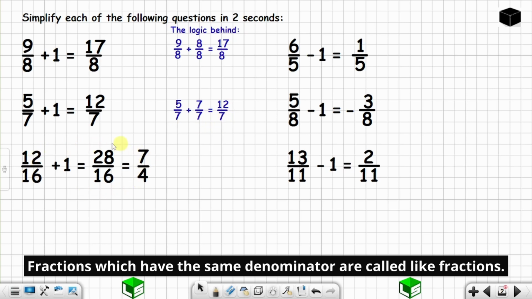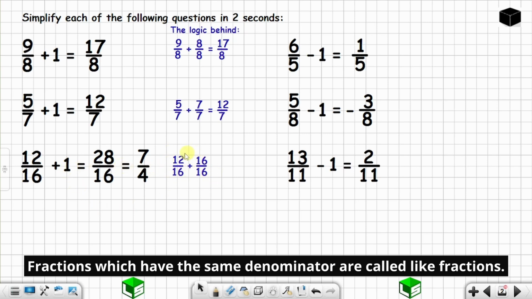And the logic behind this is that when you have 12 over 16 plus 1, I can change the 1 in such a way that I have like fractions. So I'm going to have plus 16 over 16, and 16 over 16 is 1.